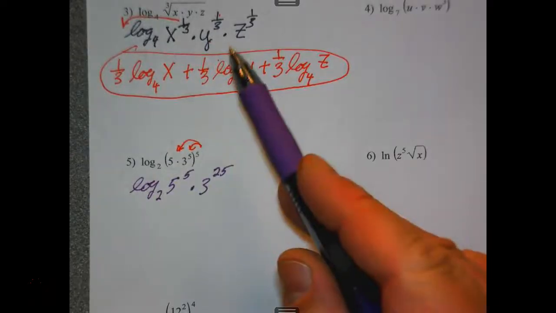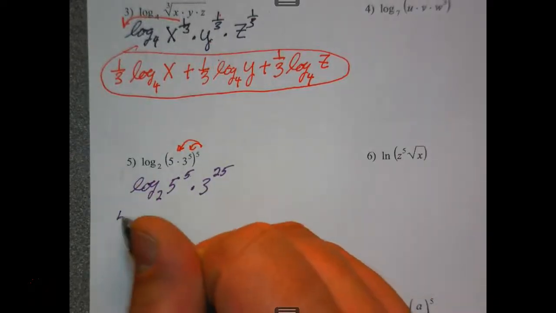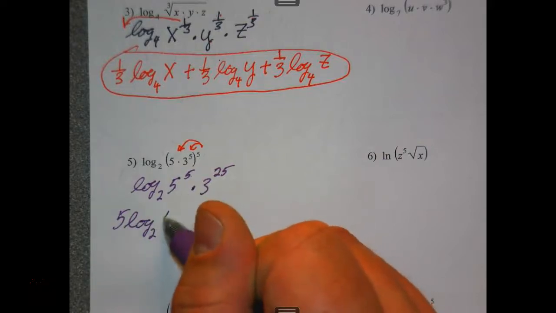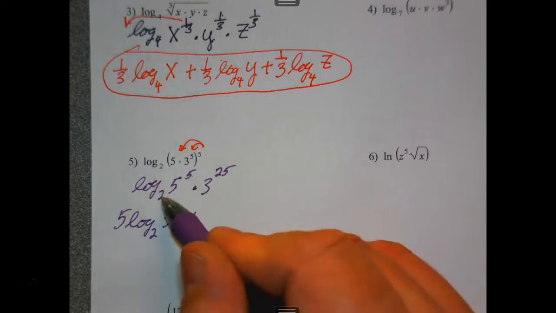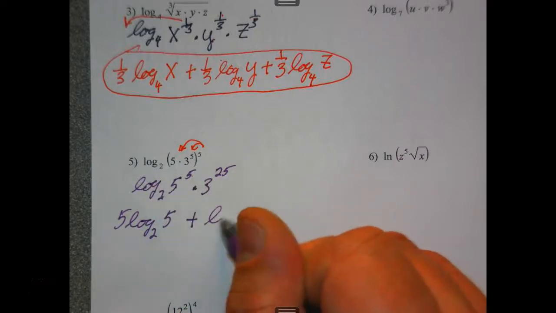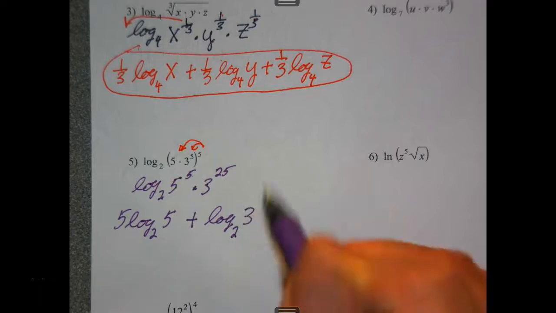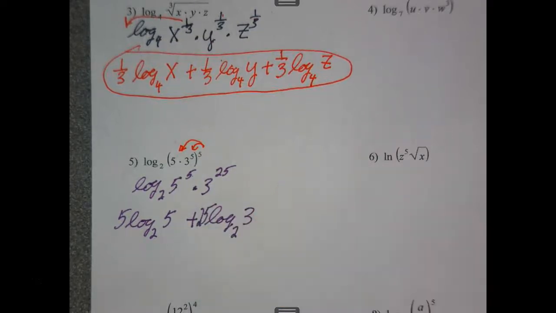I'll do exactly what I did up here. That 5 is going to come out front, base 5, plus log base 2 of 3. I should have left room for my 25 up front.